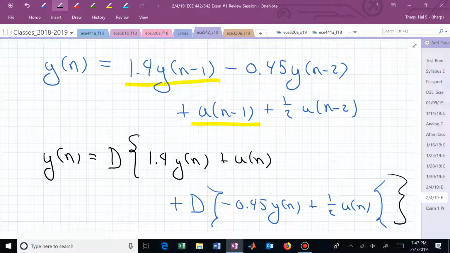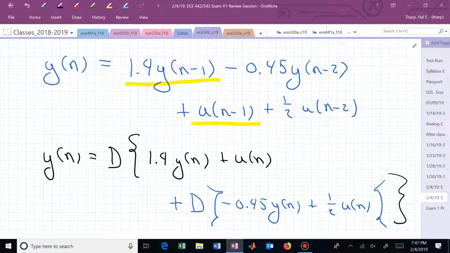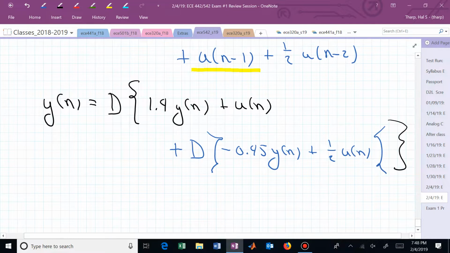What if I now wanted to create, well, how did I do this before?